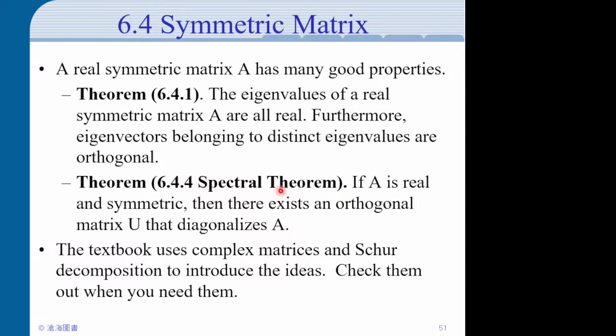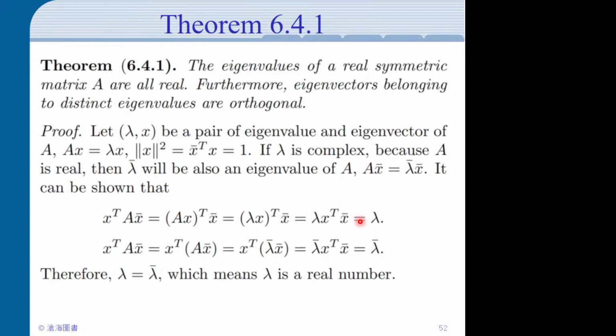They are diagonalizable, and the diagonalizing matrix is orthogonal. That means you can not only find distinct eigenvectors, you can find orthogonal eigenvectors. Okay, so it's really nice. And I think we can prove the first theorem here, at least the real part.